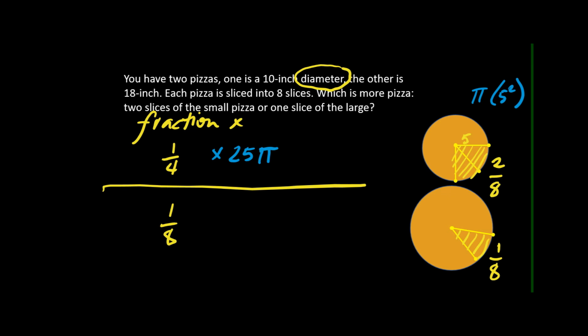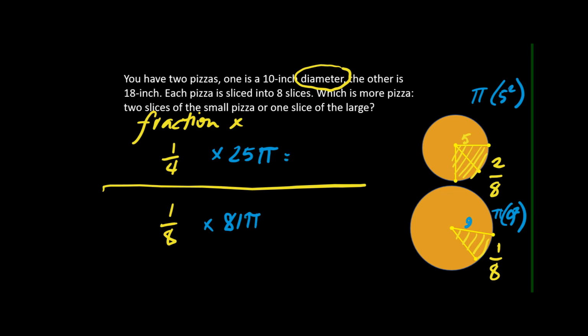What's this one? Oh, I didn't write down the radius. It's an 18-inch pizza, so a 9-inch radius. And we're not doubling 9, we're squaring it. So this is pi 9 squared, or 81 pi. Oh, that's a lot bigger. That's a lot more cheese.